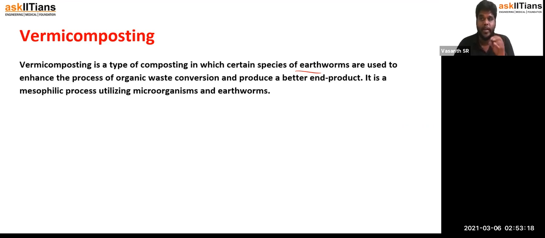It will be enriched with microorganisms and digested by the earthworm as well. Using earthworms to compost organic material, not only human waste but every organic material, is called vermicomposting.